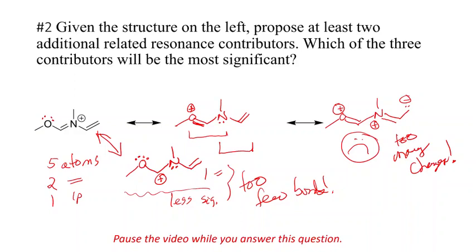And that leaves us our first 2 to consider. Now, what's the big difference between these 2? Where the plus charge is, right? The plus charge is on the nitrogen, or the plus charge is on the oxygen. Now, thinking about electronegativity, where would we like that charge to be?